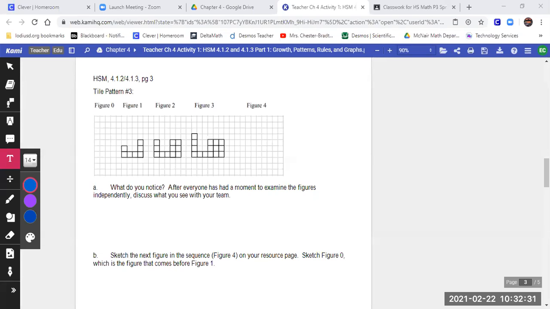So you are to do pattern number 3 and the table graph worksheet before noon today.